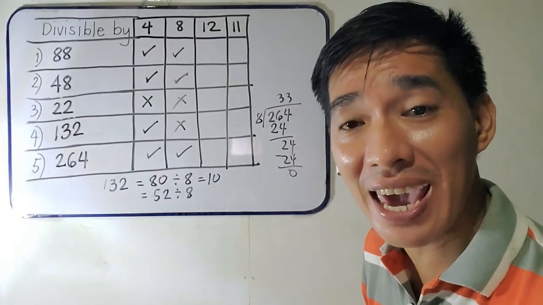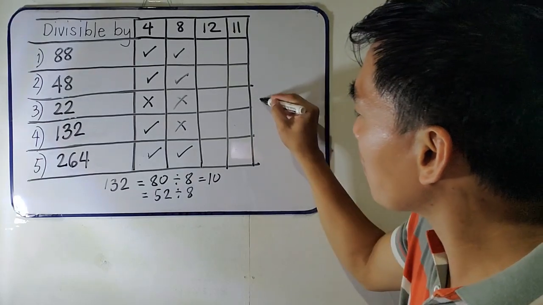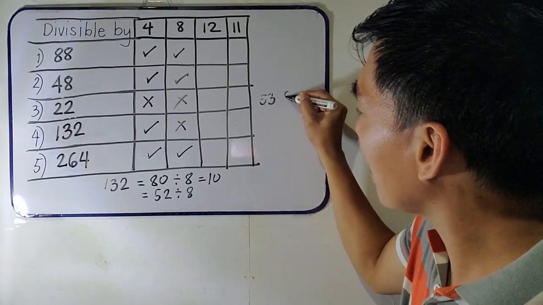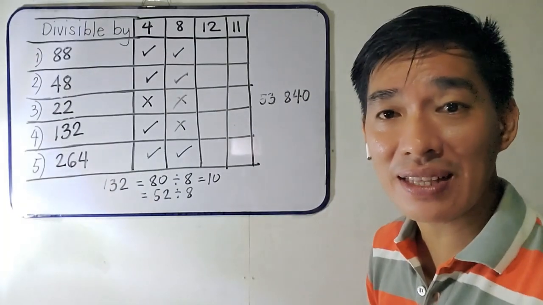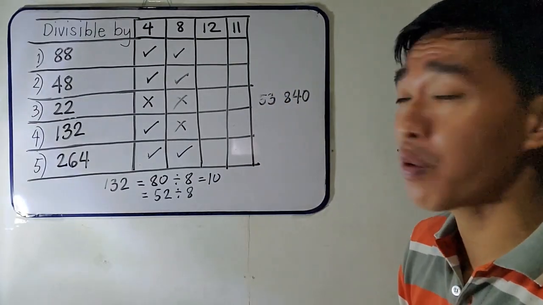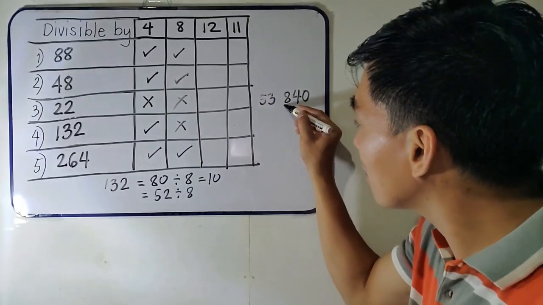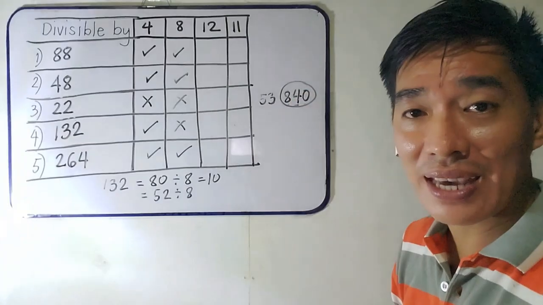Okay, allow me to give you another example with bigger numbers to check if the number is divisible by 8 or not. Let's try 53,840. Is that divisible by 8? You need not divide the entire number 53,840 by 8. Try to look at the last three digits. Is this divisible by 8?